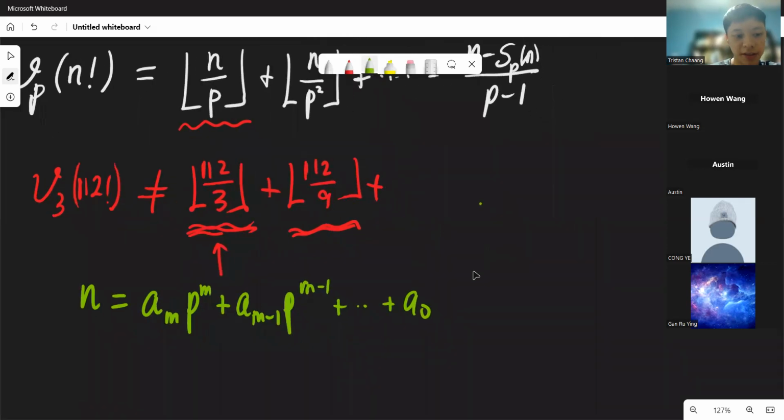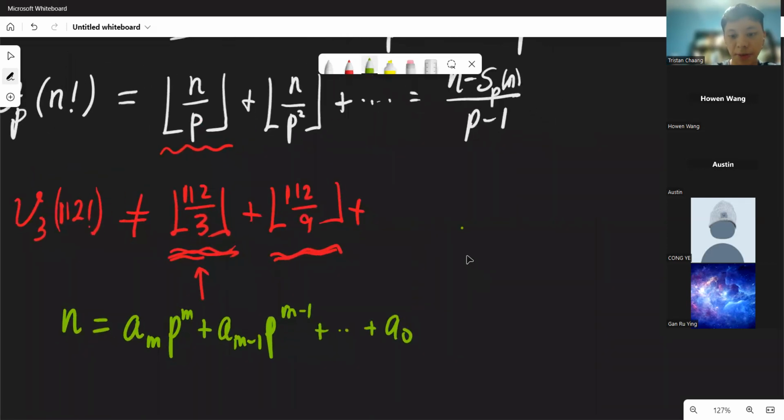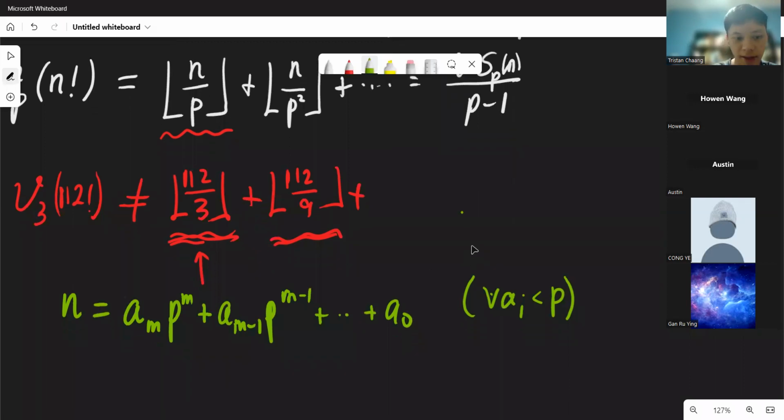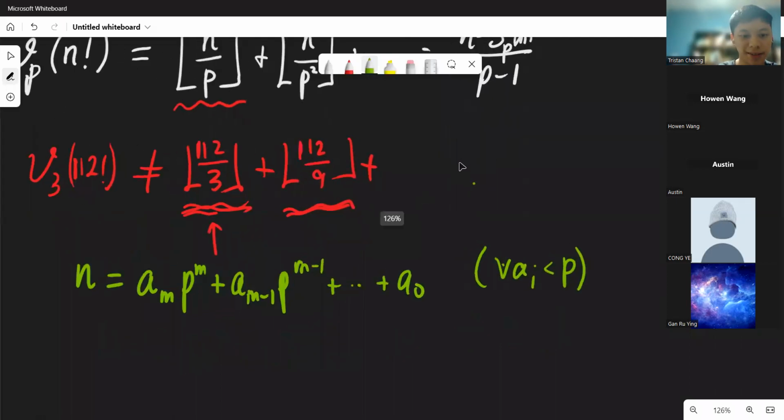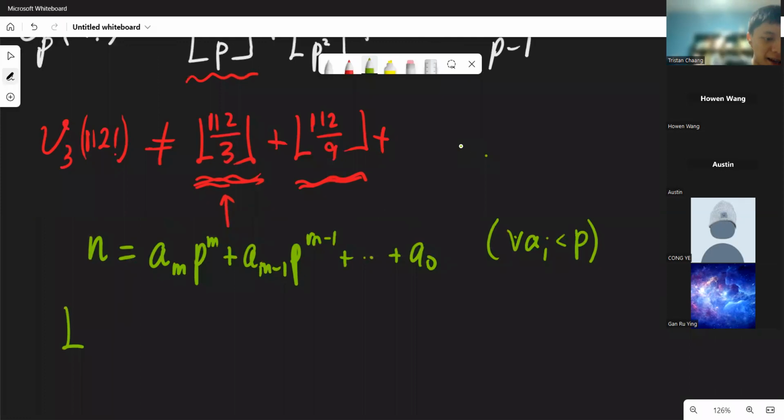So this is n written in base p, and then of course we require that all of the a_i are less than p. So they are digits from 0 to p minus 1. And if that's the case, then what do these terms become? So what's n over p to the k, where k can be any positive integer?